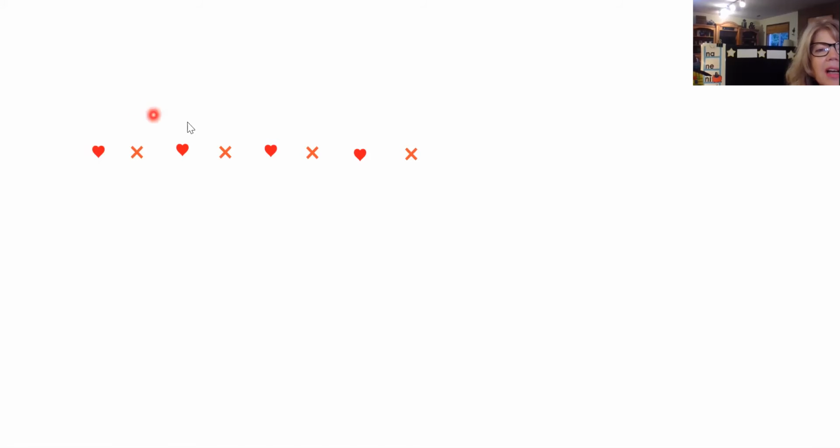Heart, X, heart, X, heart, X, heart, X. We got it. Now, can you name the pattern with me? A, B, A, B, A, B, A, B. You got it. Okay, that's some easy patterns that we know how to do.